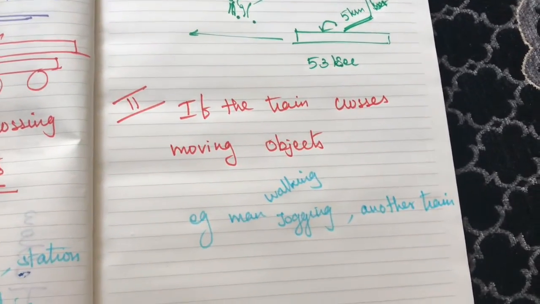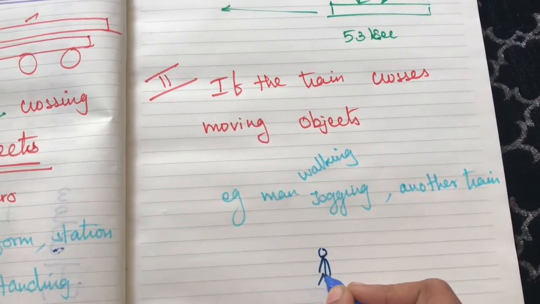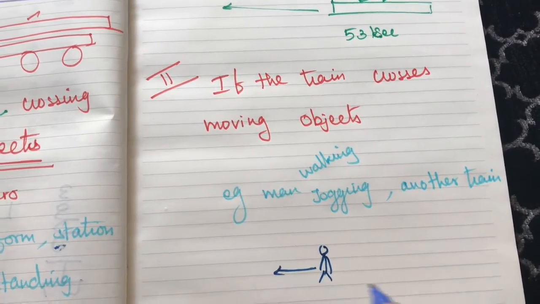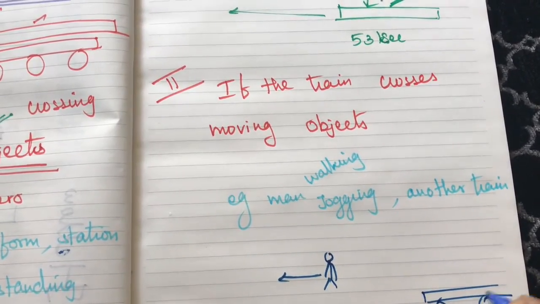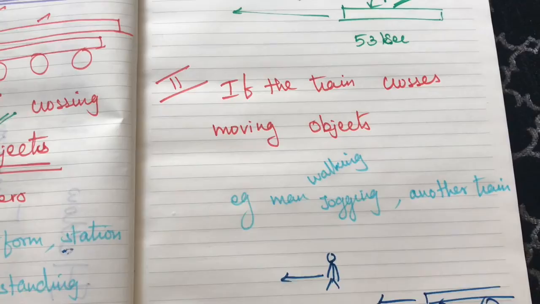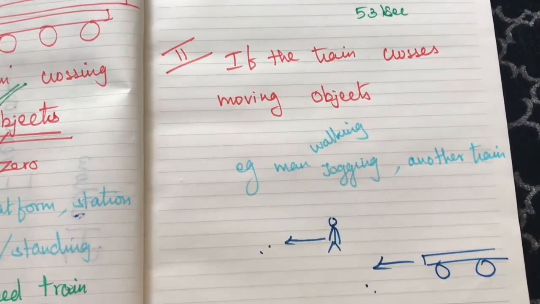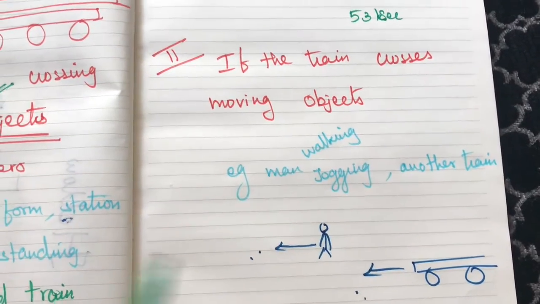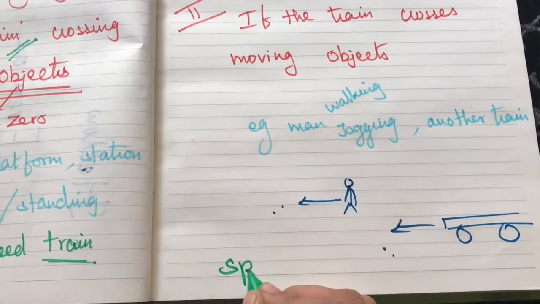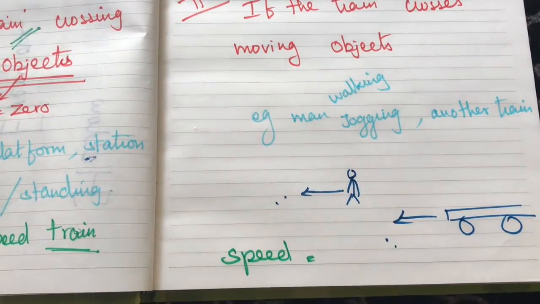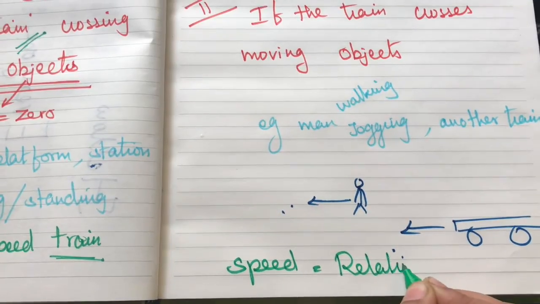So for example, if a man walks in this direction and the train is also moving, both things are moving. What can we say about the speed? We can easily take the speed as relative speed.